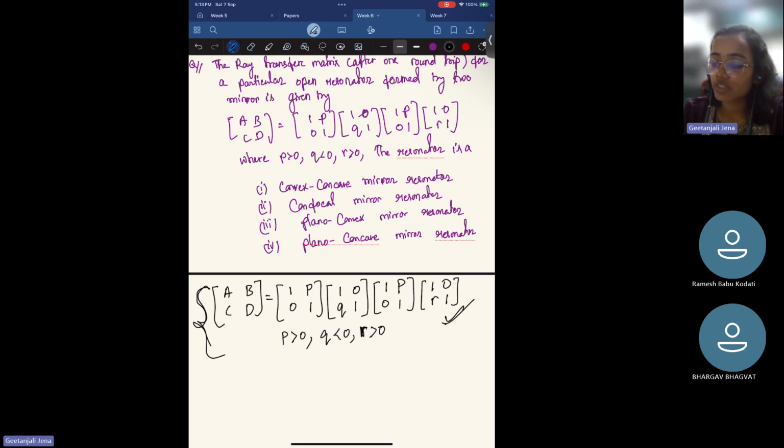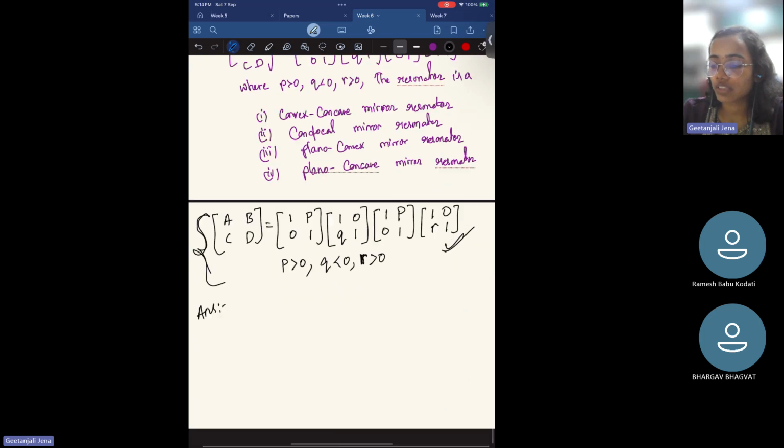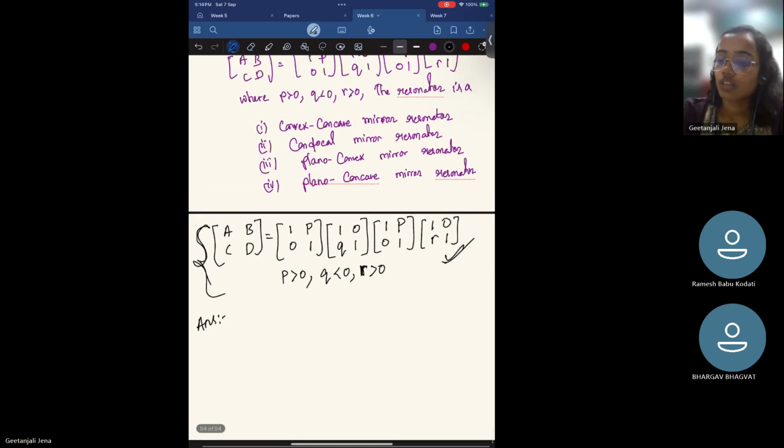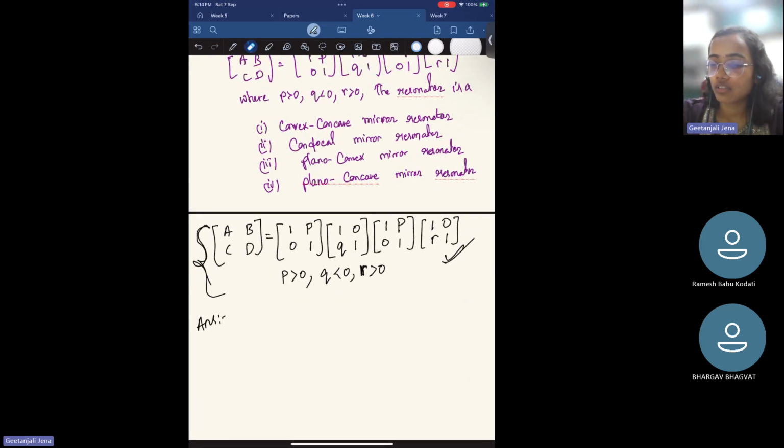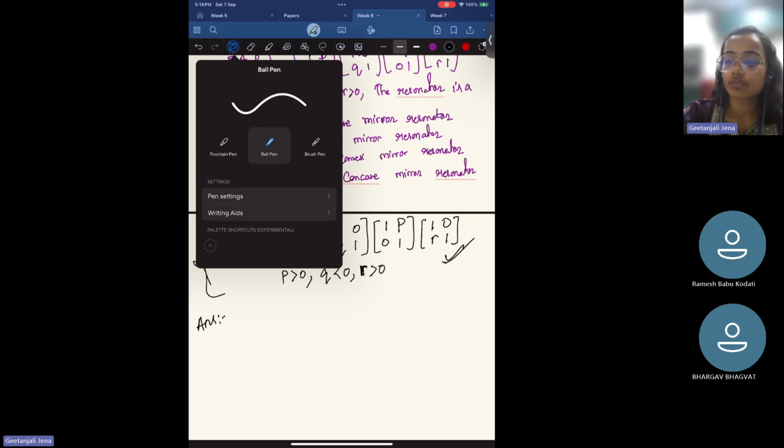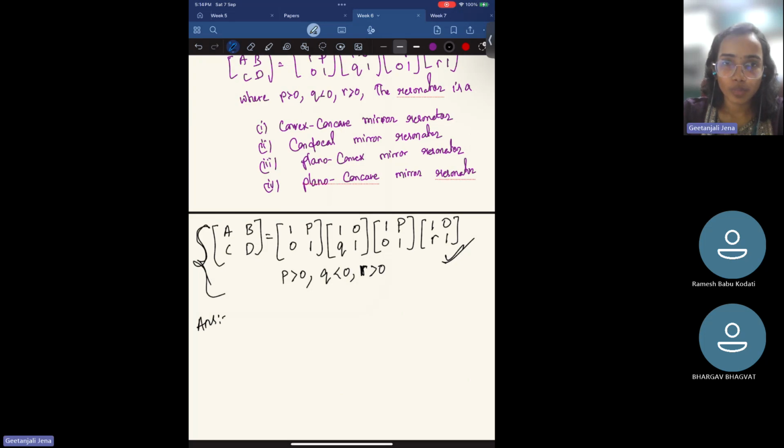To solve this problem, one thing you have to remember is the ray transfer matrix for each ray process. Like, what is the ray transfer matrix for propagation, and for reflection in a plane mirror or in a spherical mirror resonator.